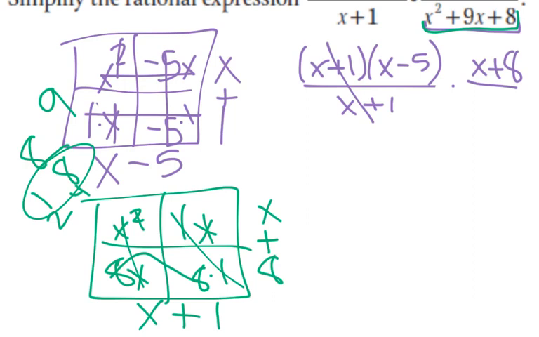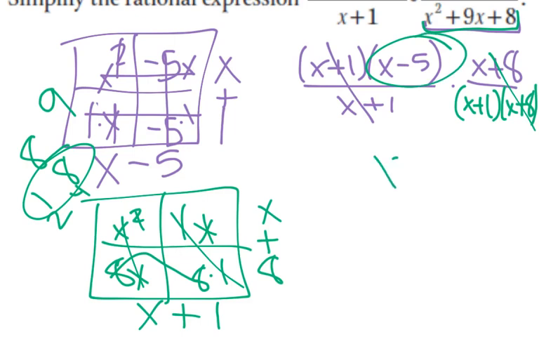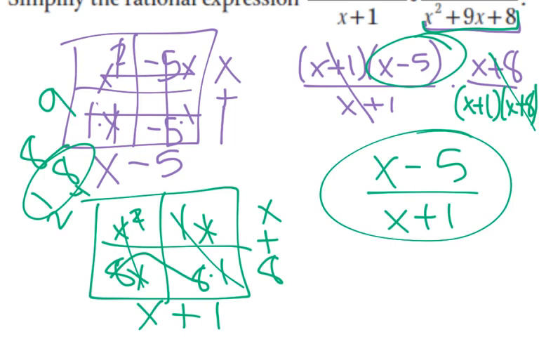So on the bottom here we get, again, x plus 1 times x plus 8. Now these x plus 8s can eliminate, so I'm left with x minus 5 over x plus 1, because that's what's left over.